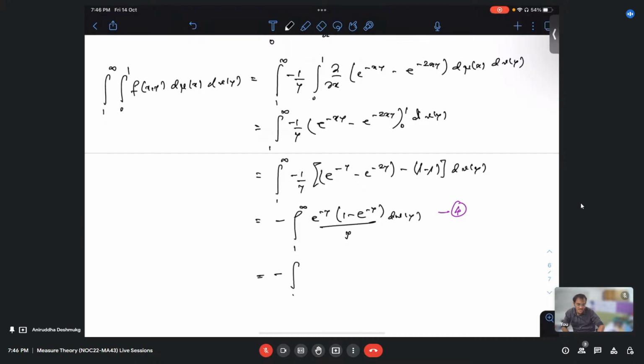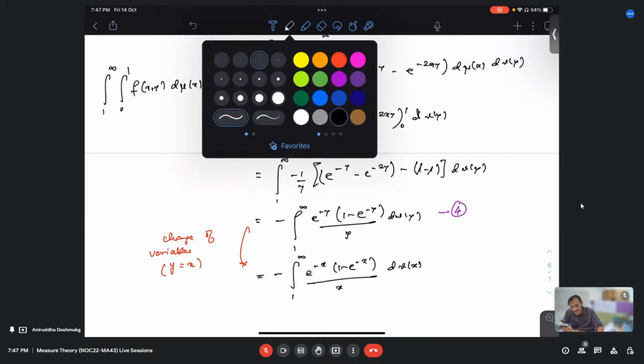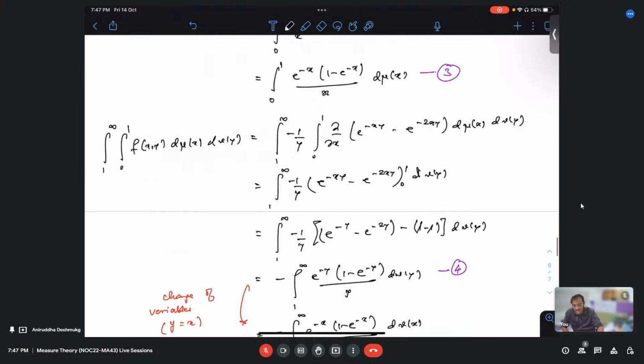This is equal to minus integral 1 to infinity e to the power minus x, 1 minus e to the power minus x upon x d nu x by a simple change of variables from y to x. So that we can do because it is just a matter of writing. Whether I write y or whether I write x, that is the same thing. The function matters. Inside function is same.